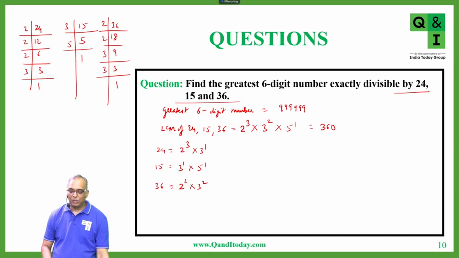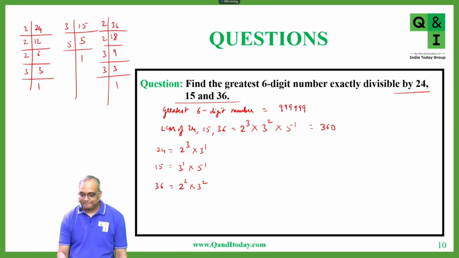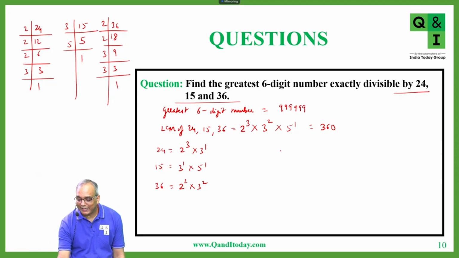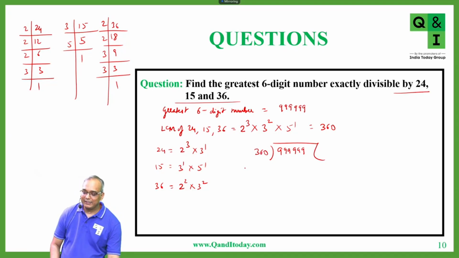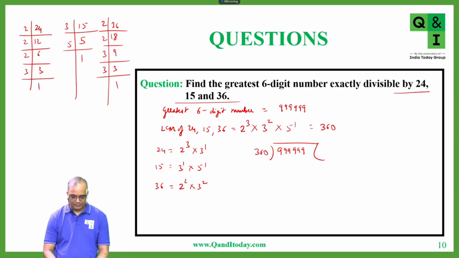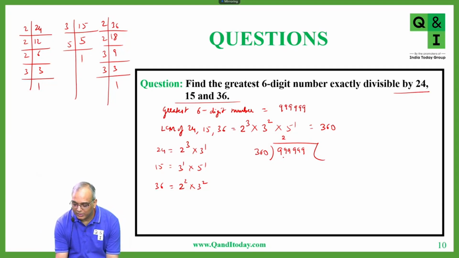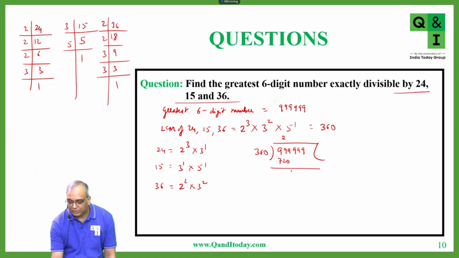Okay. So now, to find the greatest number, we will divide 999999 by 360 and find the remainder. First, 2 times 360 gives you 720, right? So you have 9, 7, and 2.